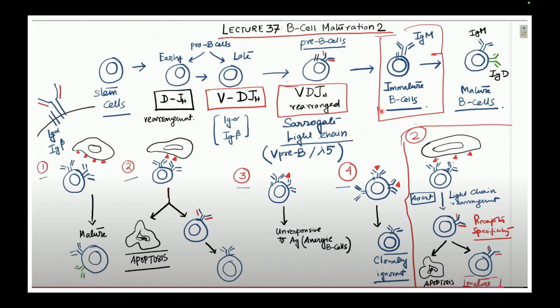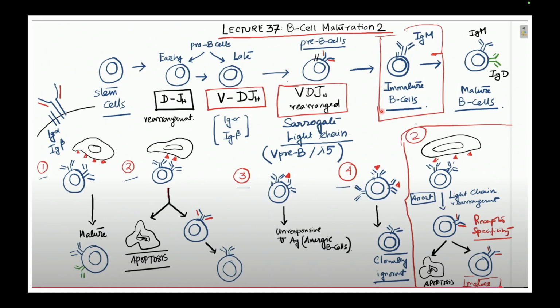In the previous classes we have read that in the antibody molecule there is a heavy chain and a light chain, and we read that there are recombination events, and there is a V region, a D region, and a J region present in the antibody molecules. So recombinations happen.